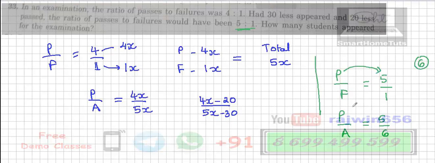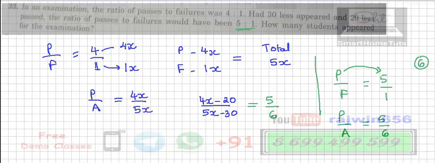Pass is 5, appeared is 6, so that is going to become 5 upon 6. So this ratio is going to become 5 upon 6 if you are going to change these values. If these values are changed according to the second condition, then this ratio of pass upon appeared is going to become 5 upon 6.